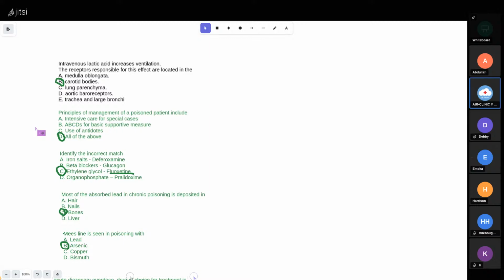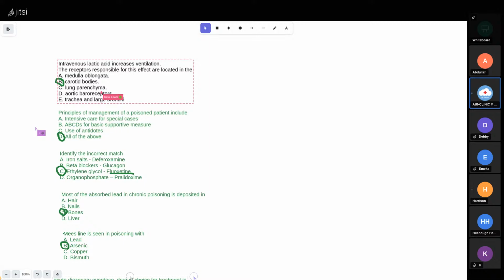Sulfonylureas, glyclazide, glibenclamide, all the glides. What do you use as antidote? Glucose infusion. Yes, you can use dextrose infusion or glucose infusion.